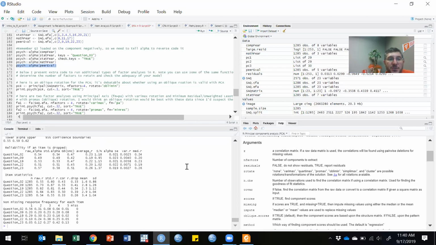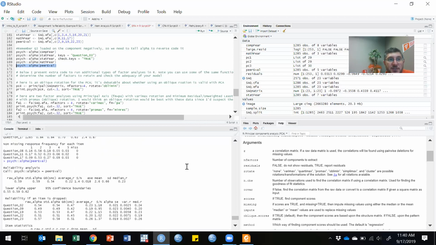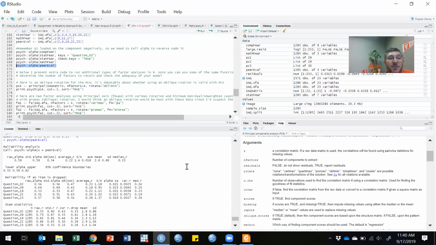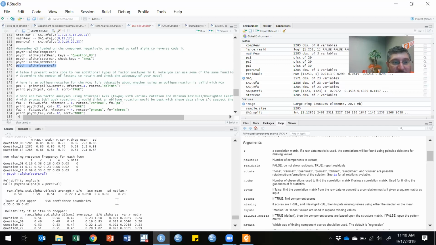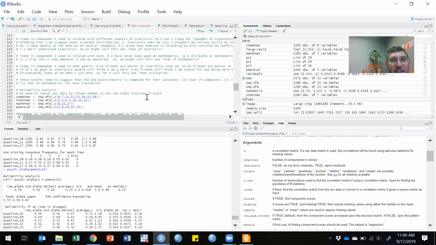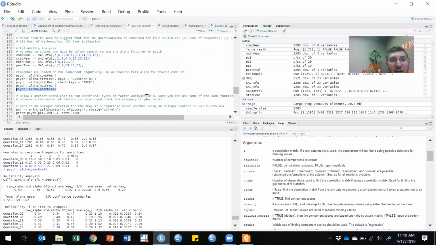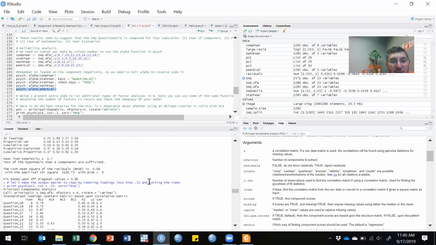Peer eval. The alpha for it is actually not so good here. Dropping any of the items doesn't really improve it. We might want to go back and think about what's actually going on. We also want to make sure we got the right items.